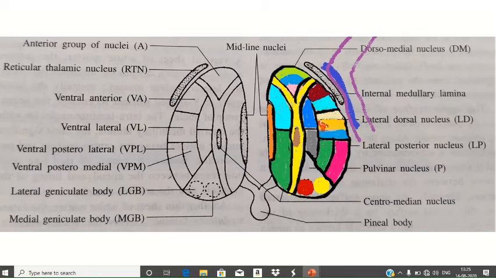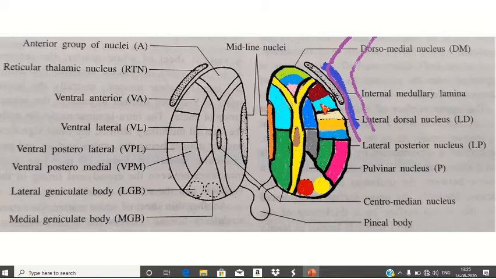It is consisting of 2 cytological subdivisions: parvocellular part and magnocellular part. Here you can see the ventral anterior. This brown color one is the parvocellular part, and here you can see this one is the magnocellular part.